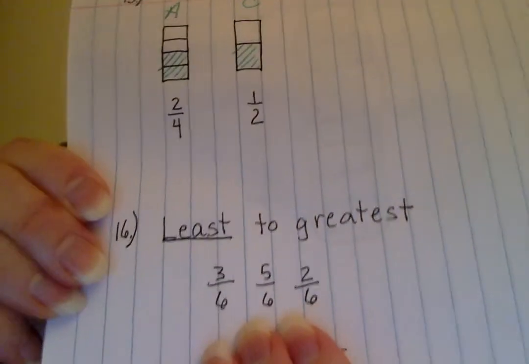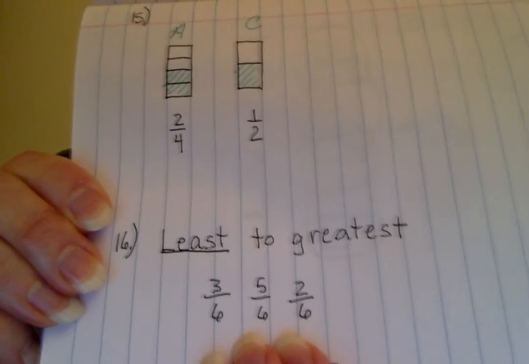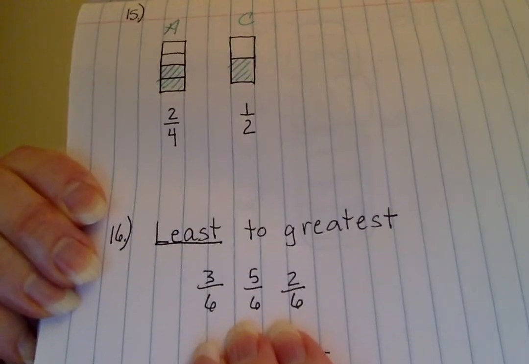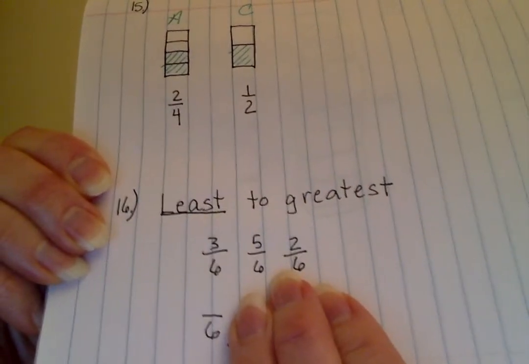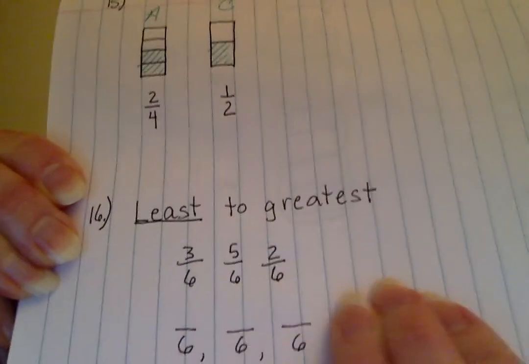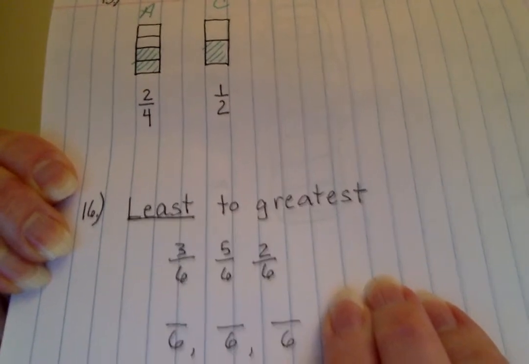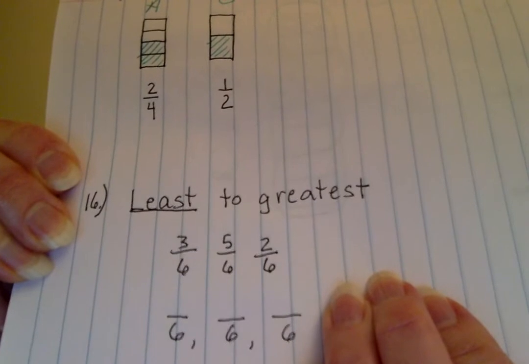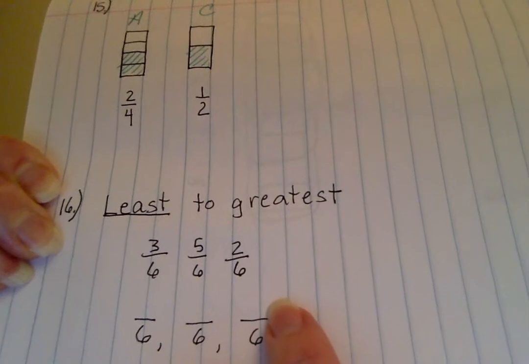When that happens, all we have to do is compare our top numbers and put them in order from the smallest amount, to the next amount, and the greatest amount last. Make sure that you write these on the line: smallest, middle, largest. Okay, that's a quick one.